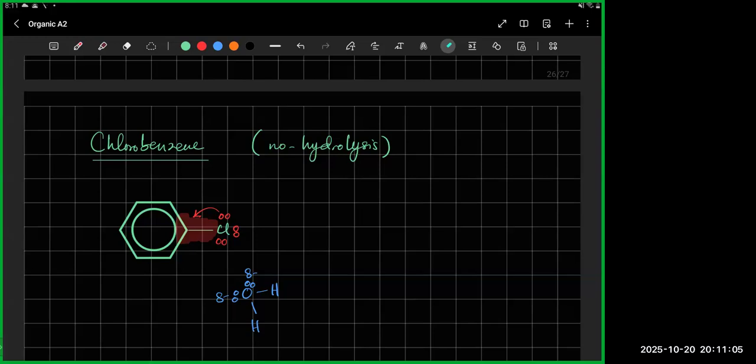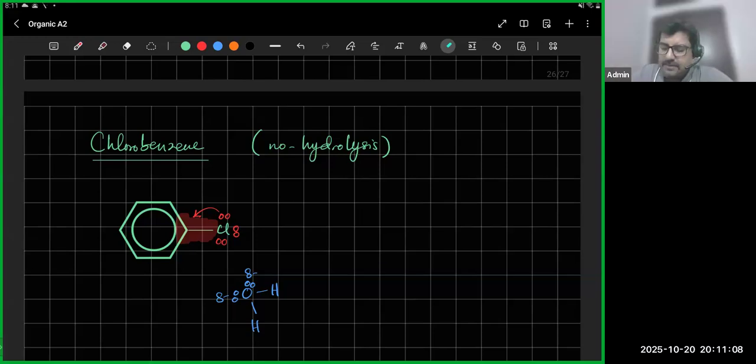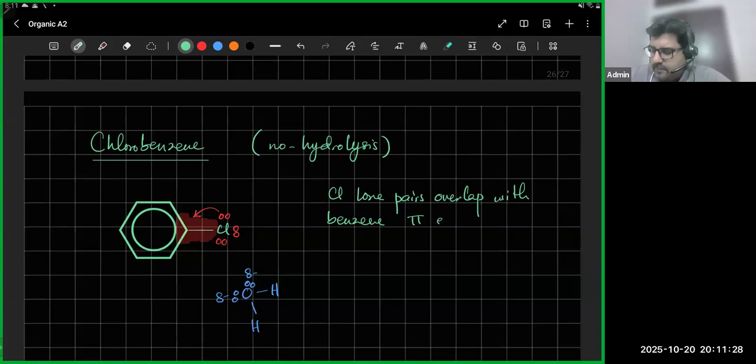Yes, sir. So this is what you write, and it has to be described properly. Cl lone pairs overlap with benzene pi electron cloud. Because of that, the C-Cl bond strength increases, and charge density increases.